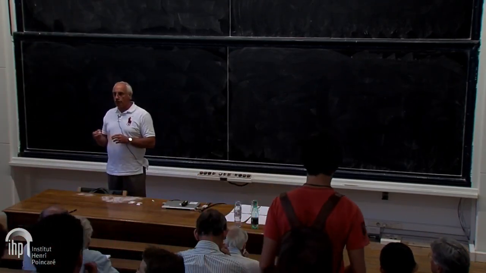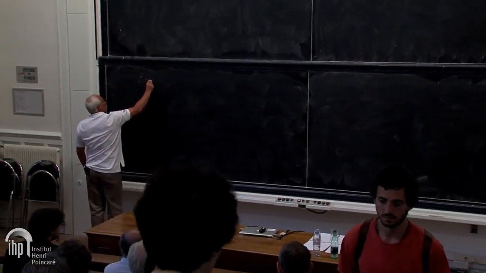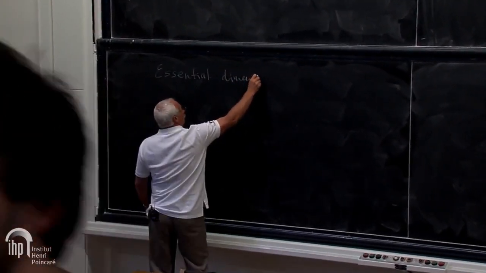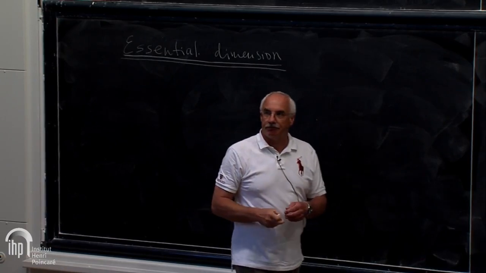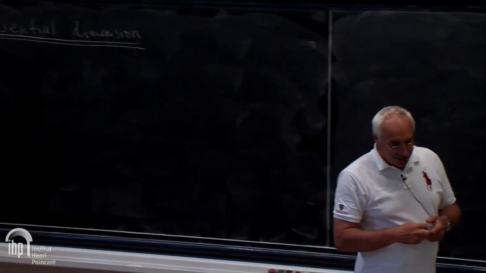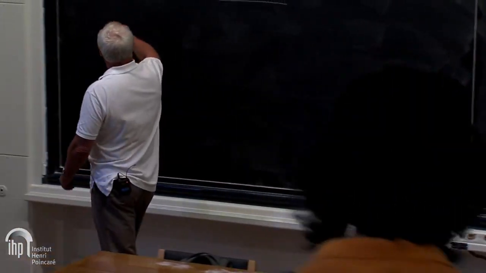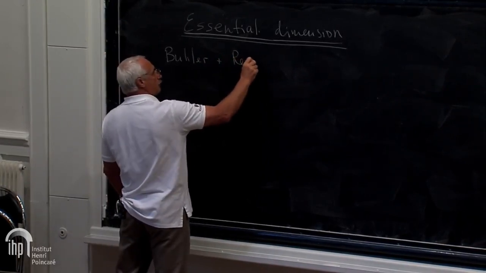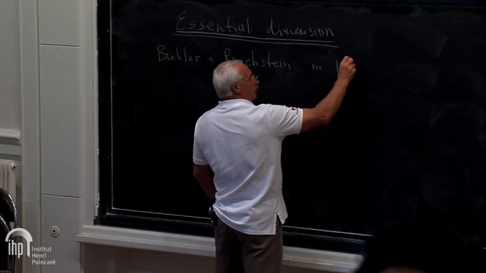So the topic of my talk is essential dimension. Well, the notion of essential dimension was introduced by two people, Buhler and Reichstein, in a paper in 1997.